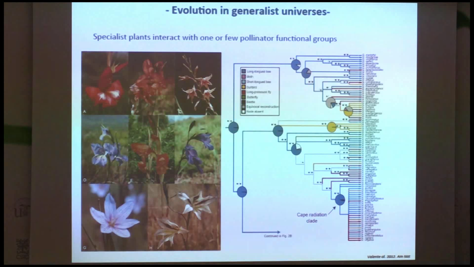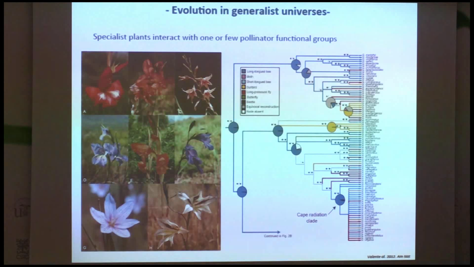You have different types of pollinators coded by different colors, and you see that each single species of plant, this is a genus, is pollinated by only one single functional group of pollinator.